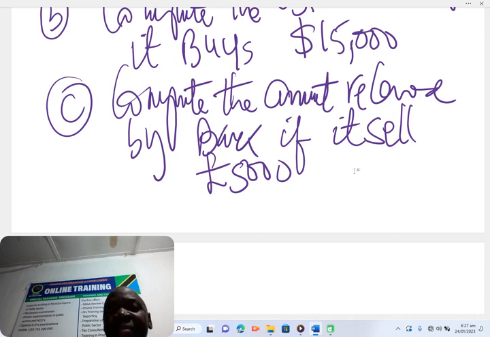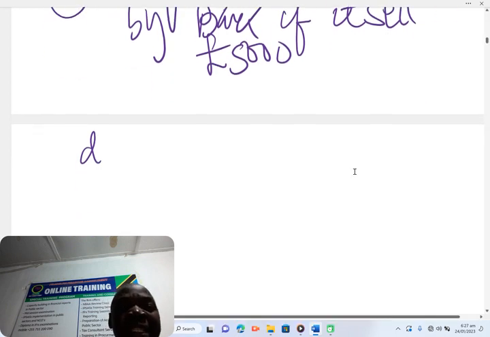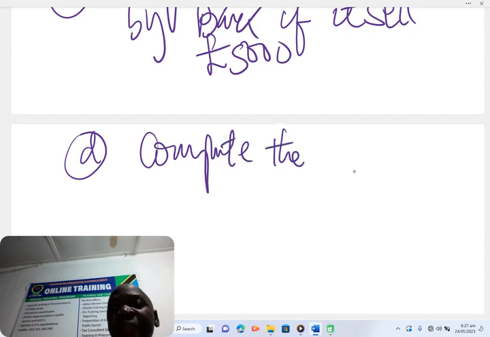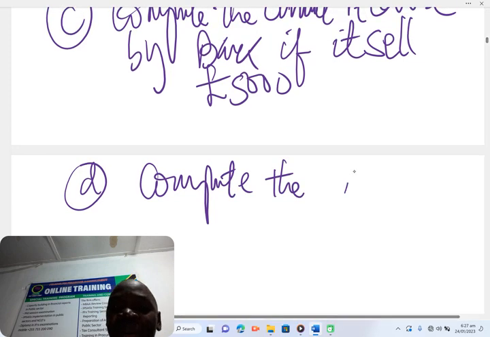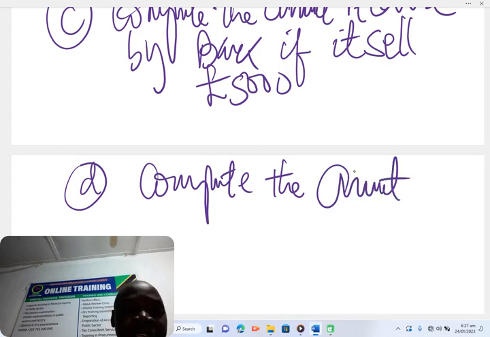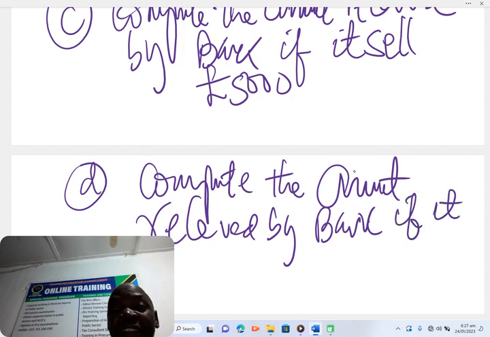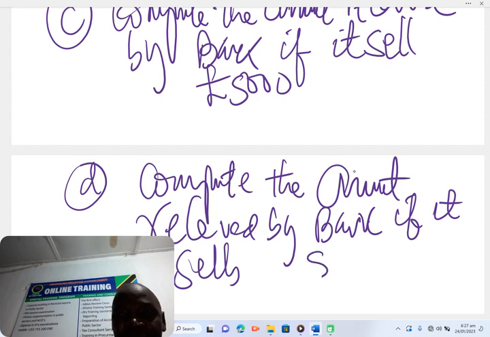Let's see part D. What to make you understand this problem? Part D: compute the amount received by bank if it sells $8,000.